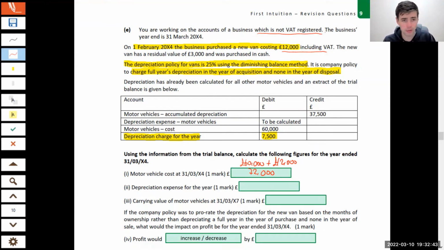Next little thing to watch out for, check the method we're using. The question is saying to me that there is a residual value of £3,000. However, track back: when you come to work out depreciation, if you're using the diminishing balance method, we don't use the residual value, do we?